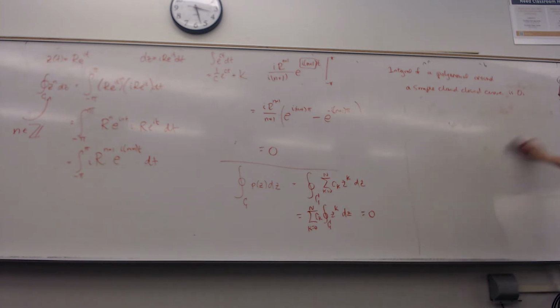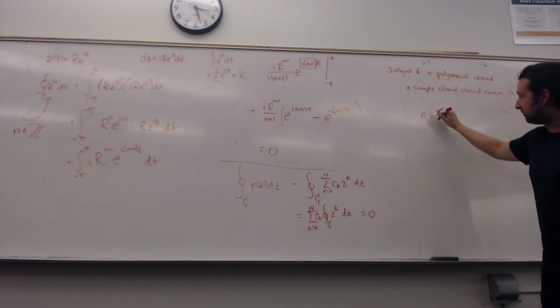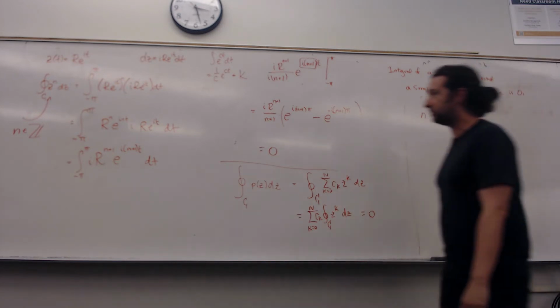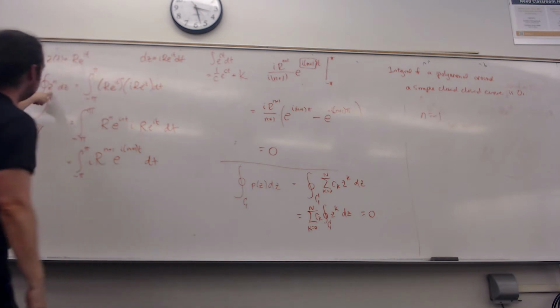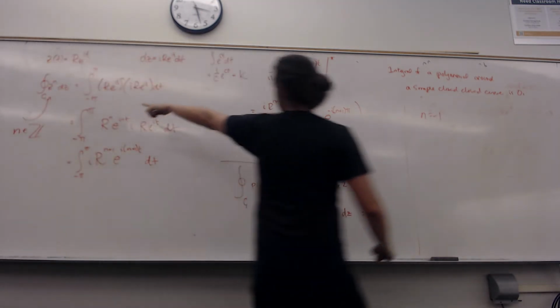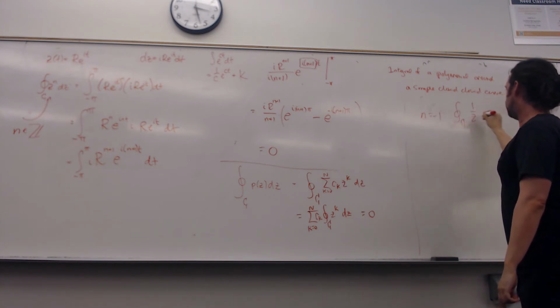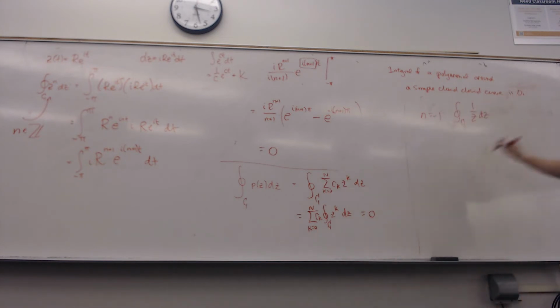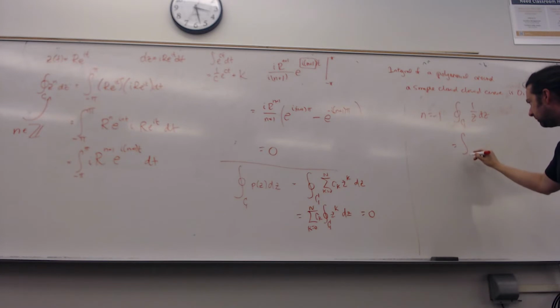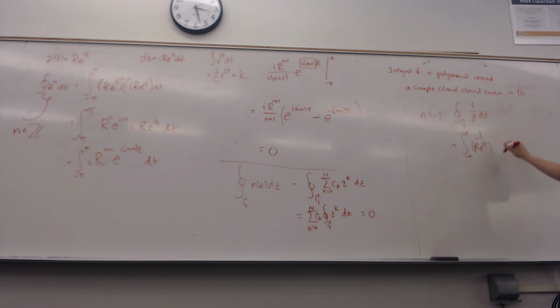Well, maybe we should check the other case. Or the n equals 1, n equals minus 1 case. What happened in that case? If this was minus 1, and I started from here, so I get the integral around c of 1 over z dz, then that gets me the integral from minus pi to pi of 1 over r e to the it times I r e to the it dt.